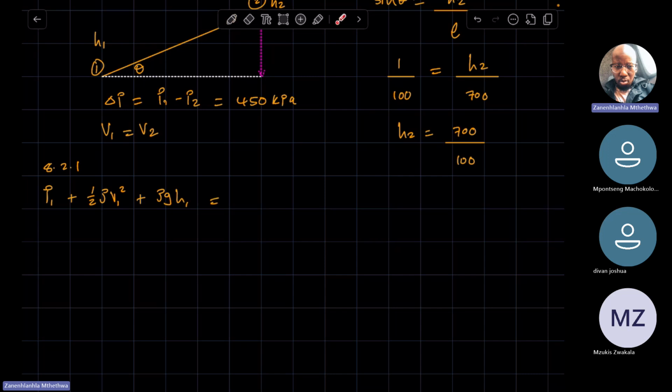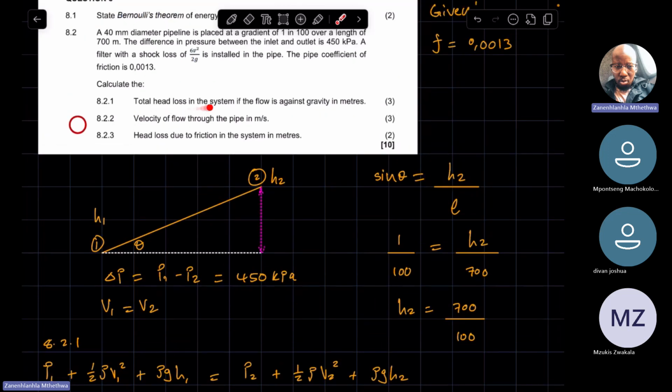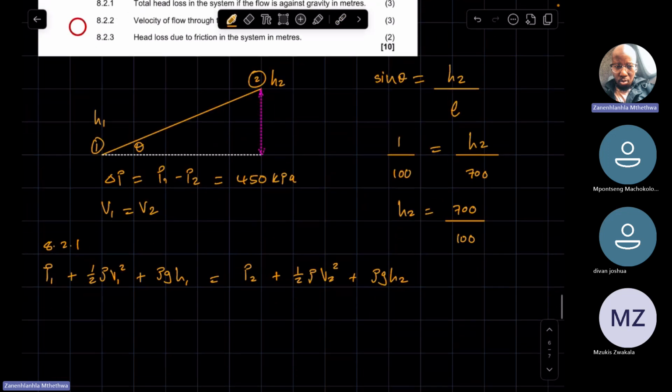Some of you may call this H1 Z; you can call it Z, you can call it H, it's up to you. And then at outlet, P2 plus half rho V2 squared plus rho g H2.